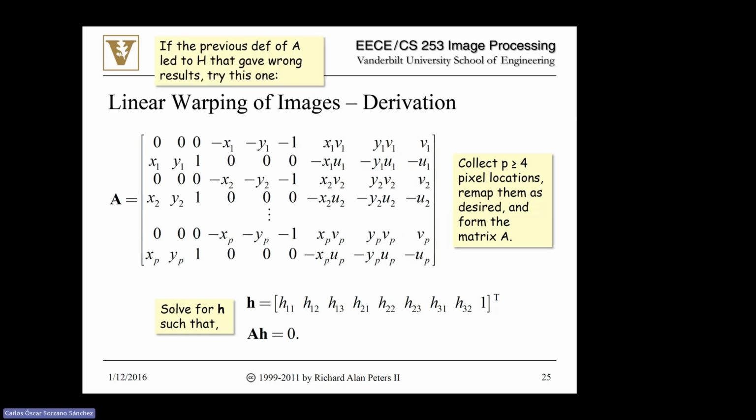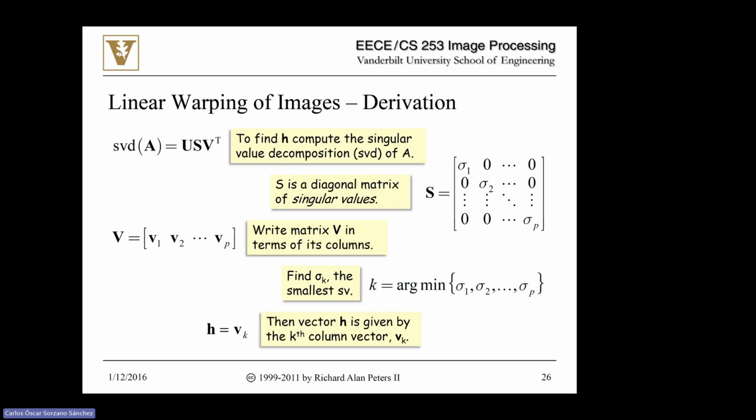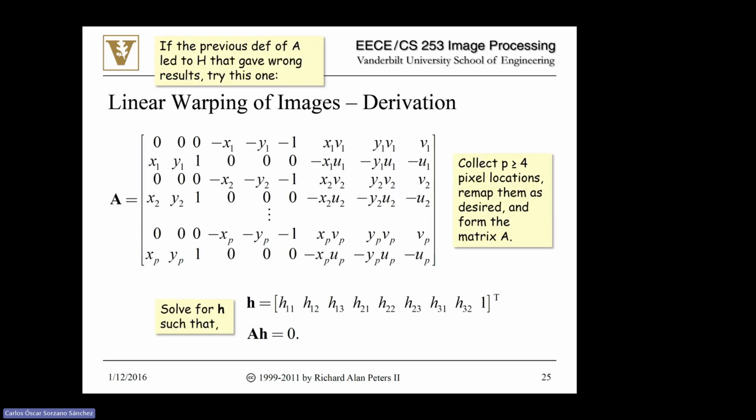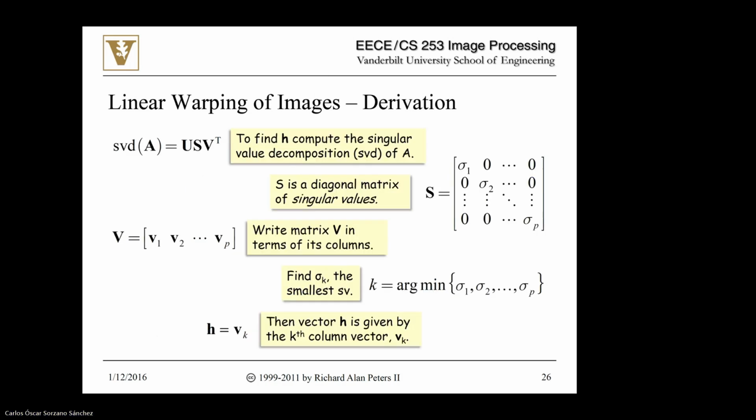Okay, so how to solve for that? We will use SVD again. This matrix is now the A matrix, which we know. The way to look for H is you do the SVD decomposition, and in the decomposition you have diagonal values.